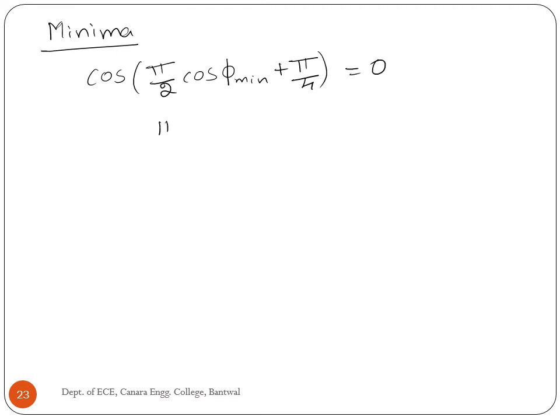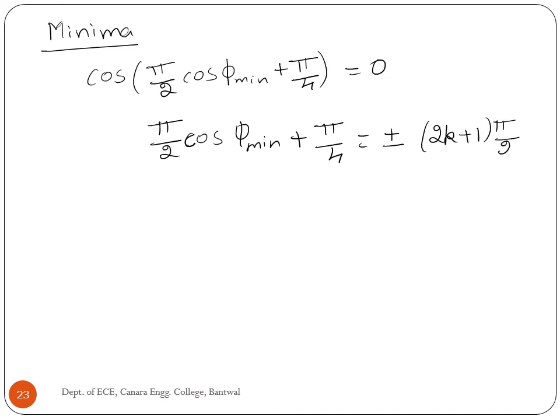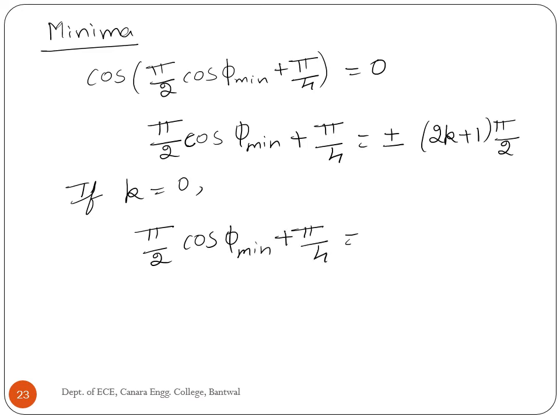So pi by 2 cos phi plus pi by 4 is equal to plus or minus (2k plus 1) pi by 2. If k equal to 0, pi by 2 cos phi plus pi by 4 is equal to plus or minus pi by 2.